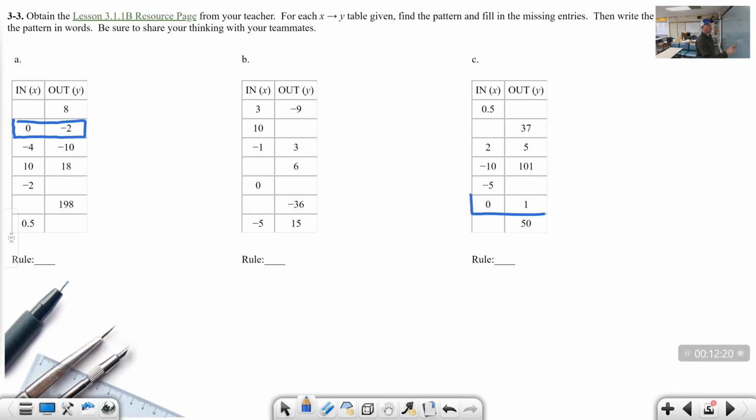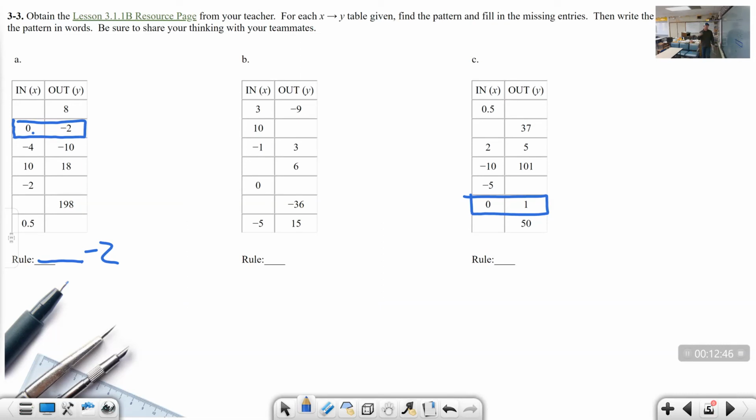Because if there is a multiply part of the rule or divide part of the rule, it doesn't affect 0. And there's only one way to get from 0 to negative 2. And that's subtract 2.